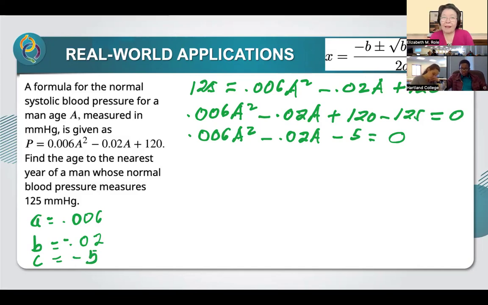With this, kindly plug this into the quadratic formula and let us see what will be the age of that person. Instead of x, you say A. Kindly do that, use your calculator, and give me the value to the nearest year.